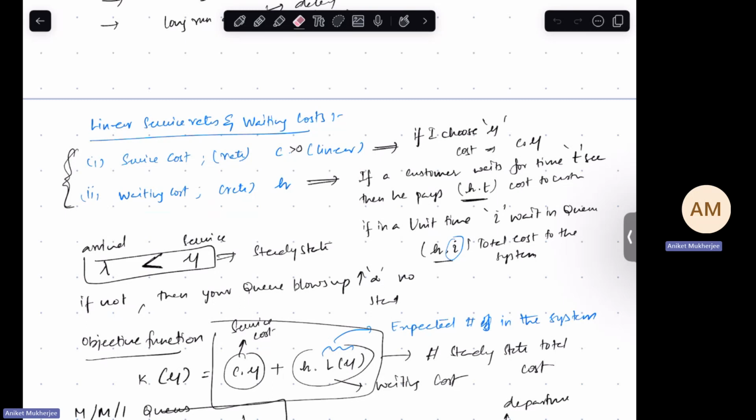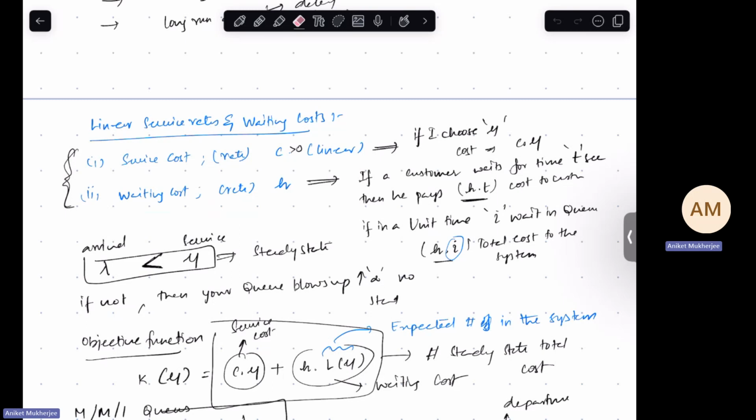So we model the service cost as linear, where you have the linear rate to be C, right? So if you choose mu as a service rate, then the cost that you incur to allocate the new amount of resources is C into mu. It's linear, right?